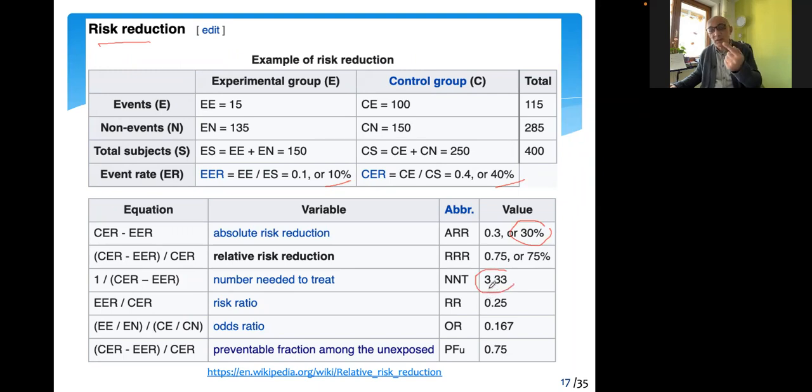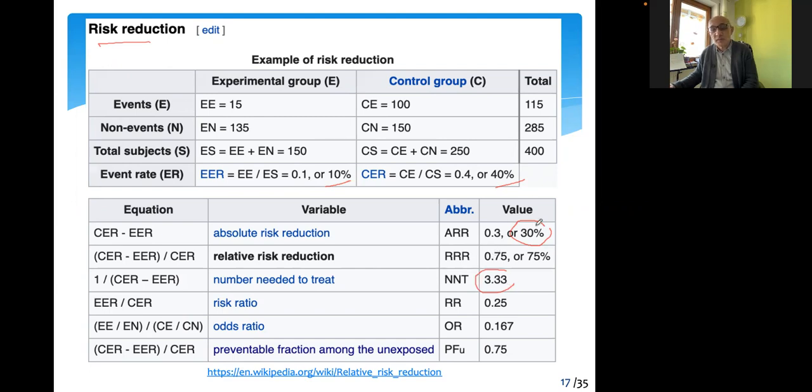That means you need to apply this medication to 3 people in the experimental group, compared to the control group, to save 1 person from getting the disease or the complication. This is comparatively very low, I would say, NNT, number needed to treat.